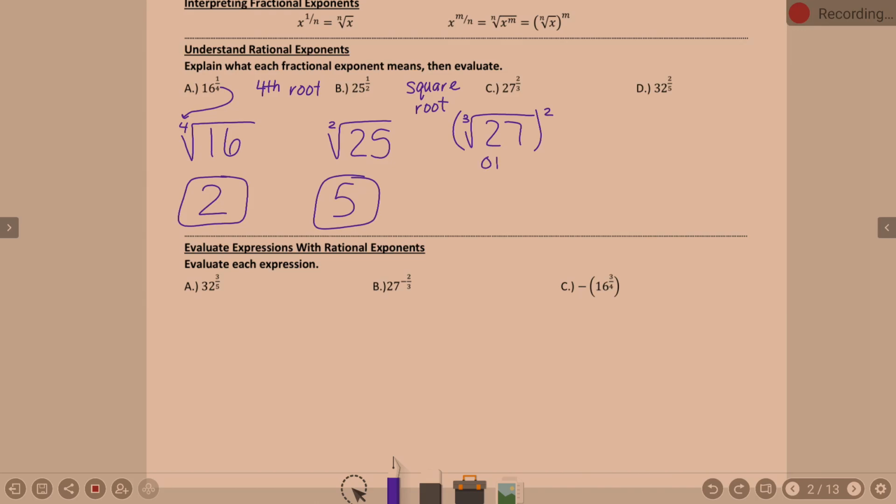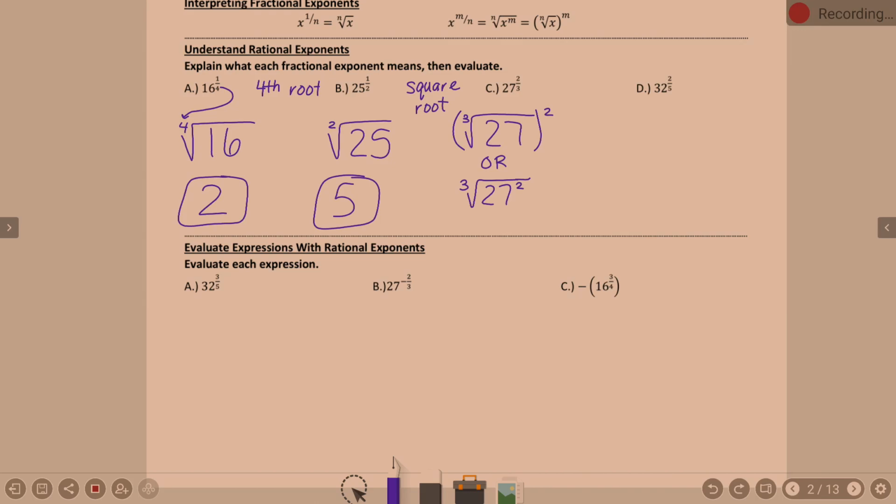The other option is you can say the cube root of 27 squared. It doesn't matter which you do first. You can do the cube root of 27, get that answer, and then square it. Or you can square 27, get some big number, and then take the cube root of that.